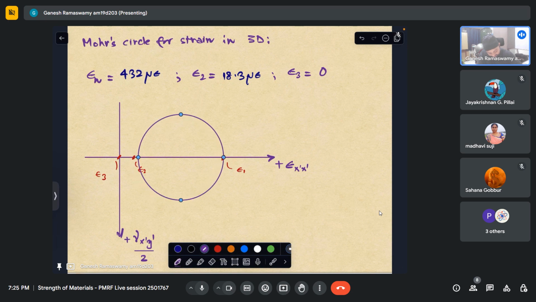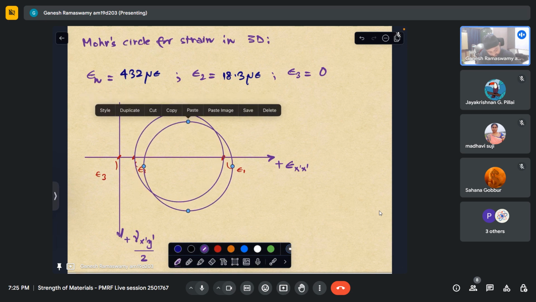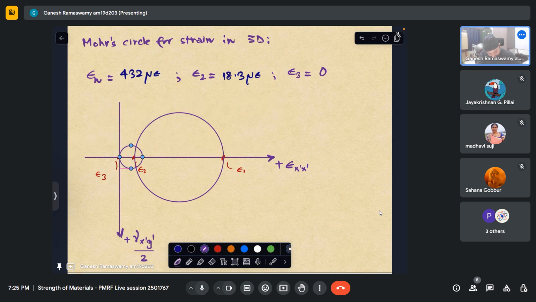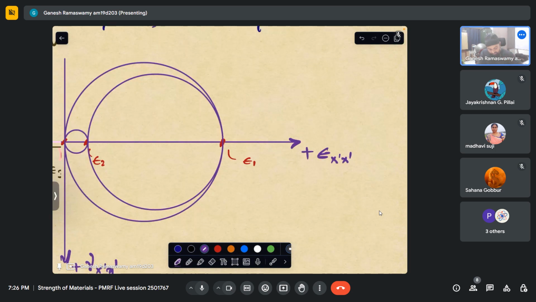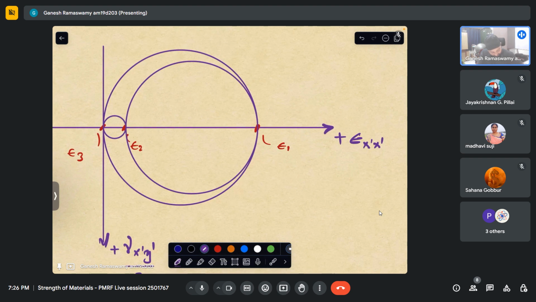So this is for 1, 2 plane. This is for 2, 3 plane. And this is for 1 and 3 plane. So we have drawn 3 Mohr circles. And as discussed in the previous session, the region that falls on the boundary of this and inside is the viable solution space for our Mohr circle of strain.